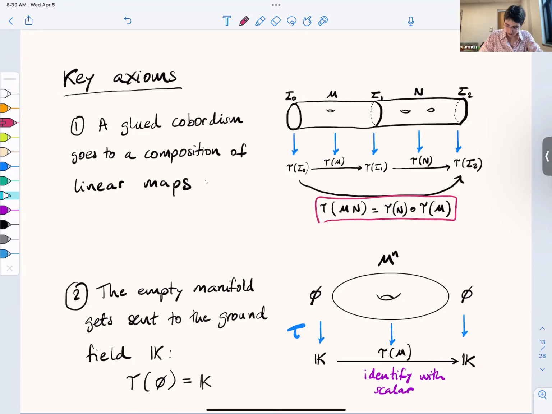Another axiom that we're going to need is what happens if I evaluate my TQFT on a closed manifold, and how I may even understand a closed manifold in this context. Well, a closed manifold can actually be understood as a cobordism as well. If you look up here in this picture, you have a boundary component, another boundary component, and you have your n-dimensional manifold in the middle. Now you have your n-dimensional manifold in the middle, but the boundary component just happens to be the empty set.